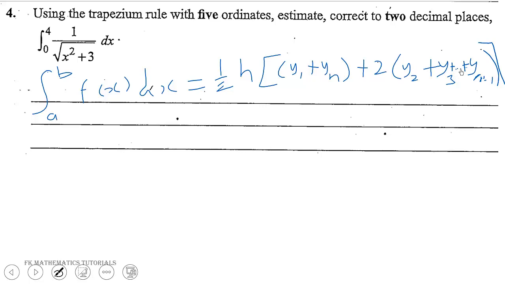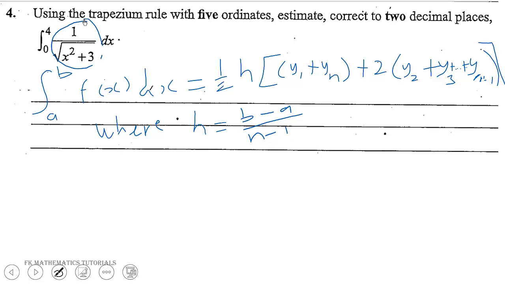Now we know that h is given by b minus a over n minus 1, where n is the number of ordinates and b and a are the limits of integration. So we need to find the y values by putting the x values into this f of x.